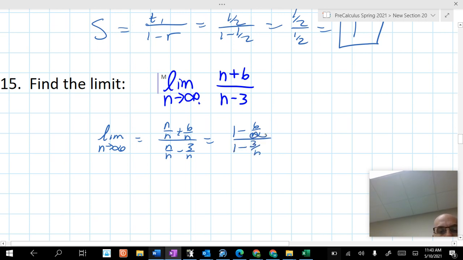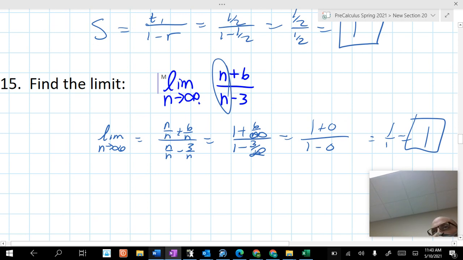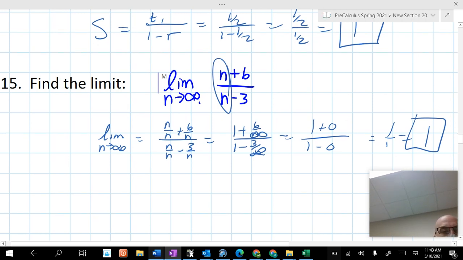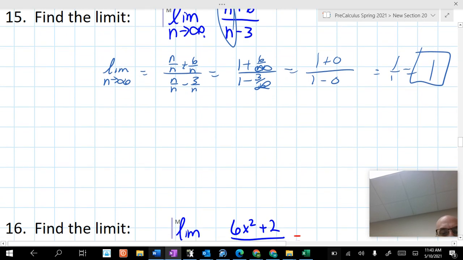And you throw infinity in there. So it's 1 plus 0 over 1 minus 0, which is 1 over 1, which is 1. But if you just look at it, you use the coefficient. If the powers are the same, you use the coefficient in front of the highest power terms.